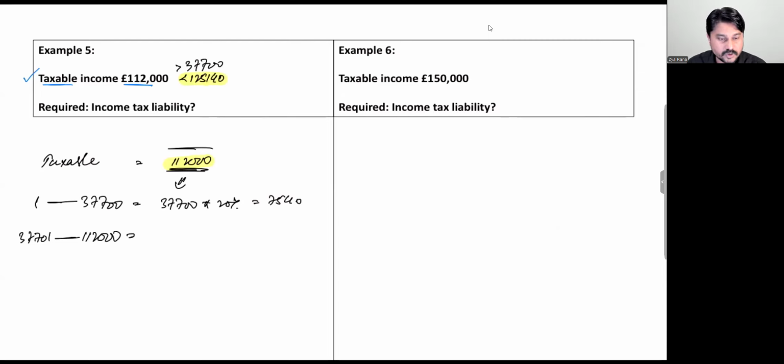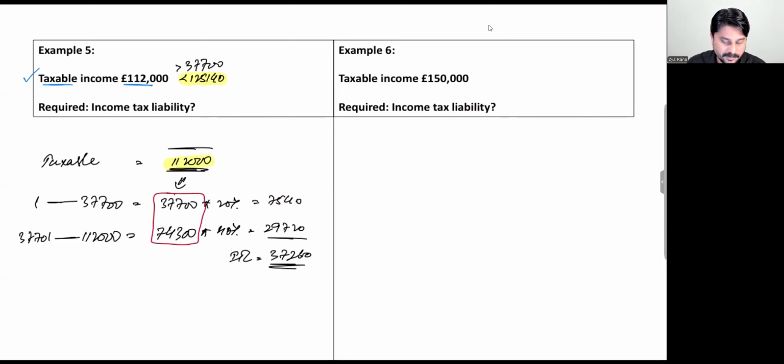Take the difference of these two amounts, and the difference will be 74,300. On this 74,300, the tax rate of 40% will be multiplied, giving 29,720, and if you add both these amounts, you will get the total tax liability of 37,260. A recheck point: as you have broken down the total taxable income according to the band limits, the sum of these two amounts, 37,700 and 74,300, would be equal to your taxable income, right?